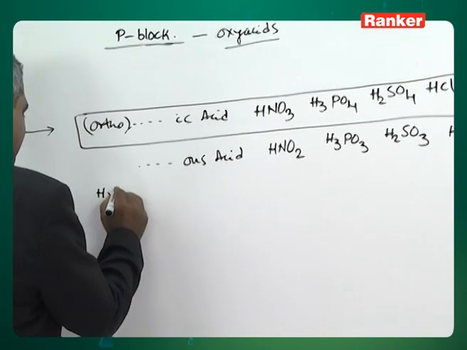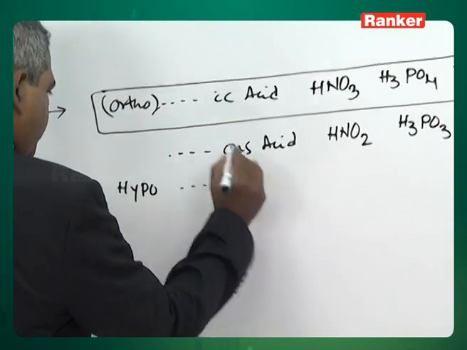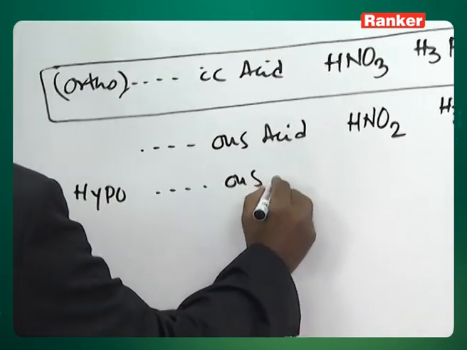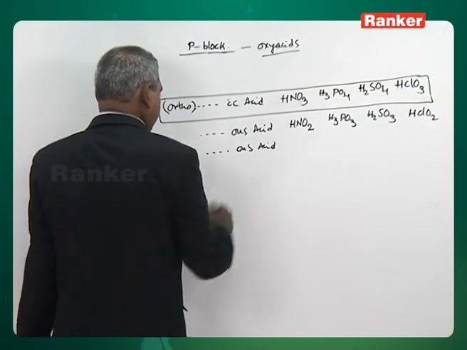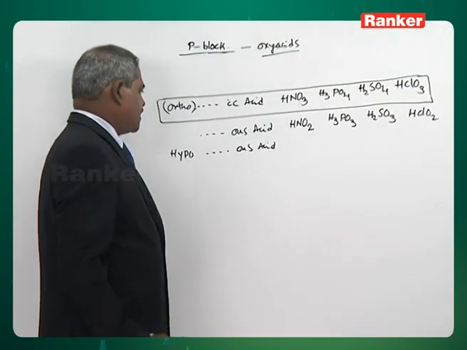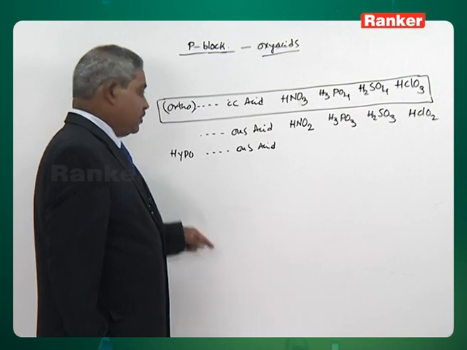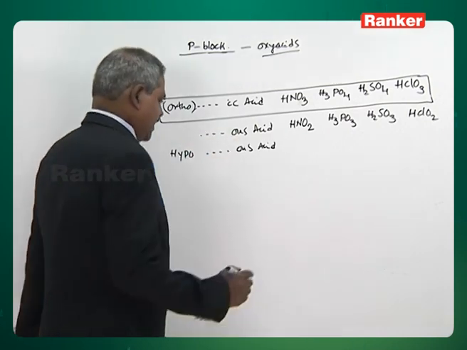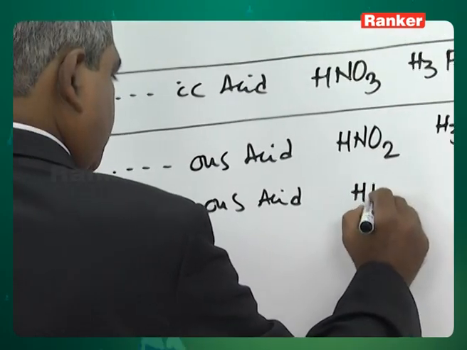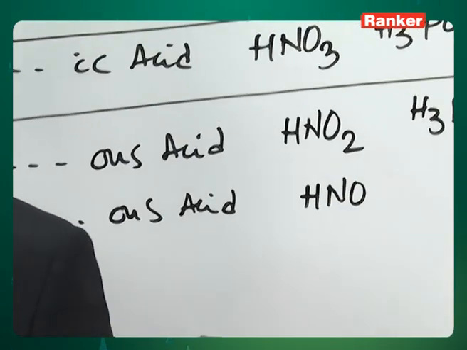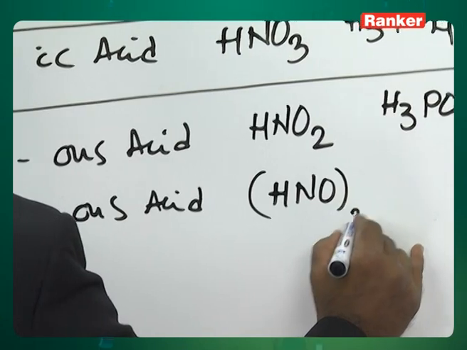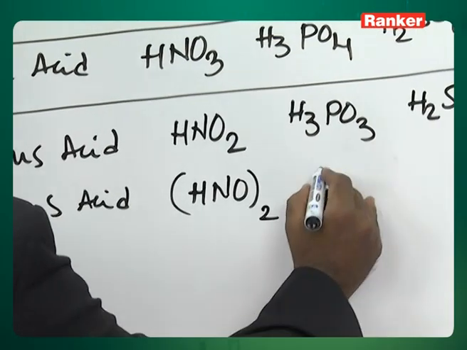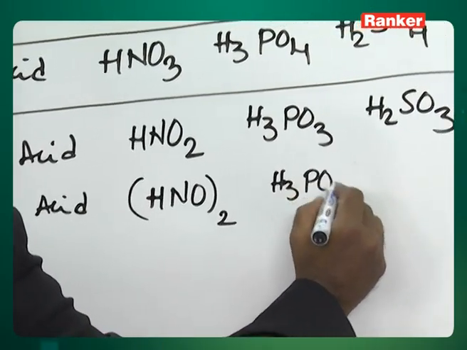Hypo dash dash us acid. Hypo means one more oxygen less. HNO twice, H3PO2.